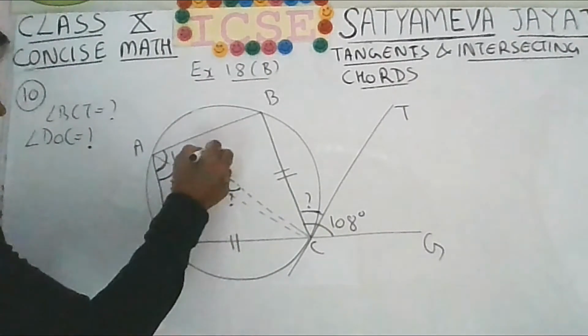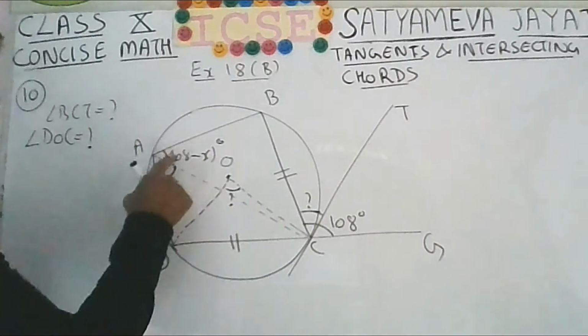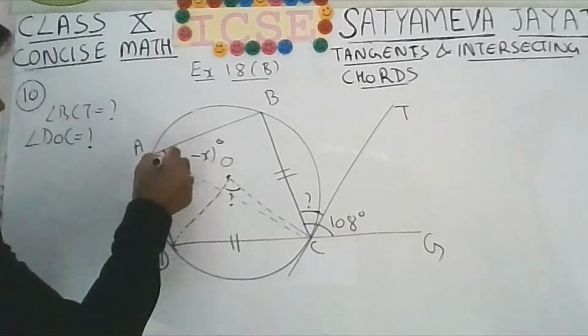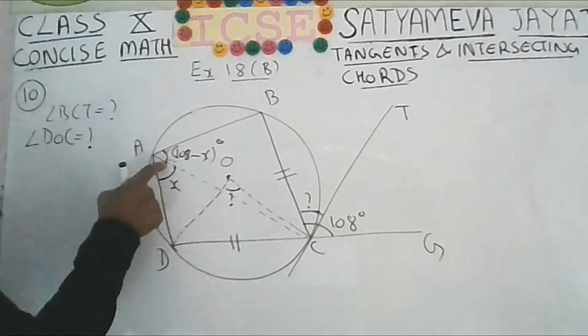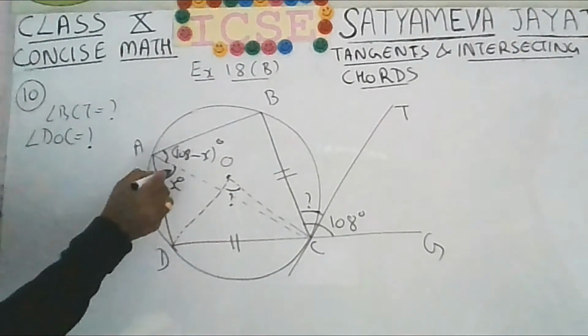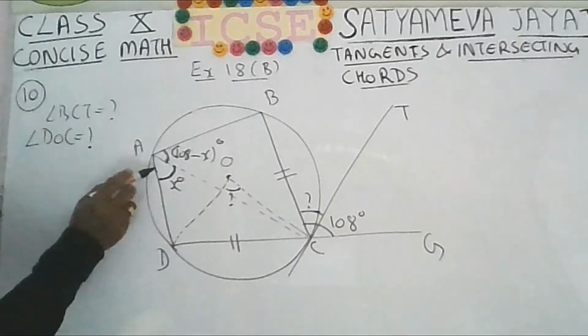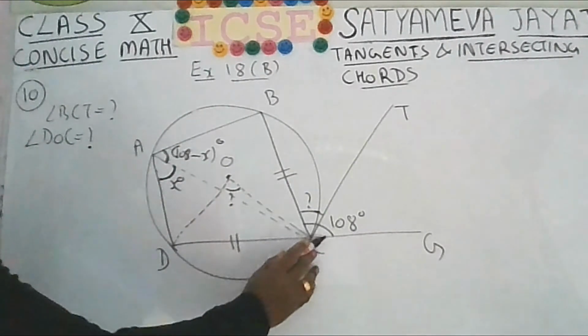If you add them, it will be 108, same as the exterior angle.